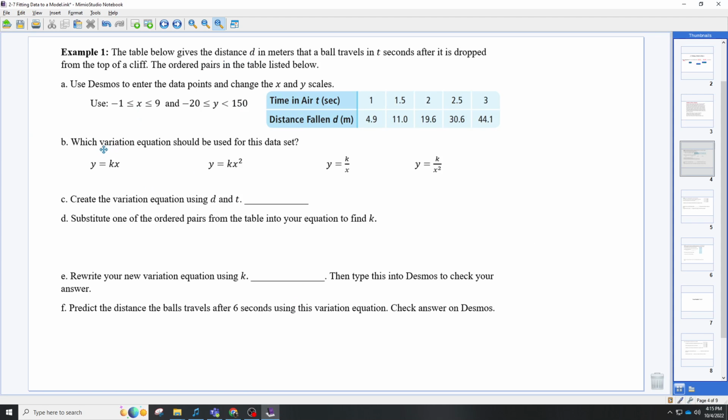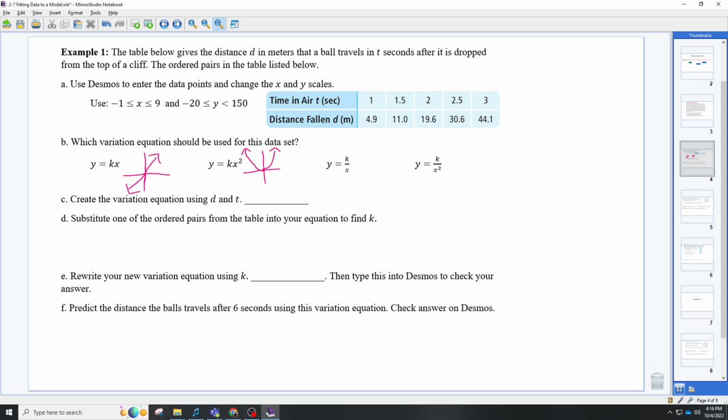Moving on to part B, it says which variation equation should be used for this data set? So the question is, what kind of graph does it look like? I'll give you some examples. If you remember, y equals kx is the same thing as lines that go like this. They're straight. Y equals kx squared are like the parabola ones, that look like this.